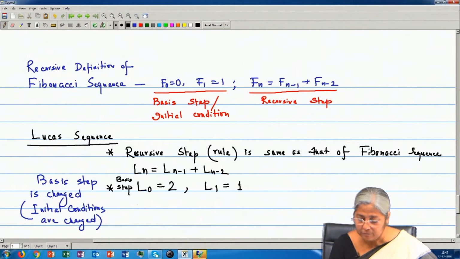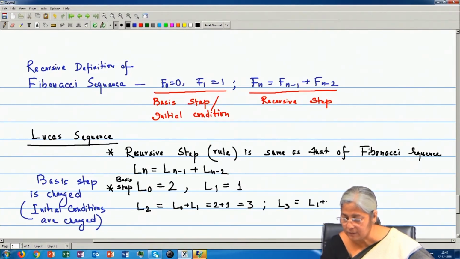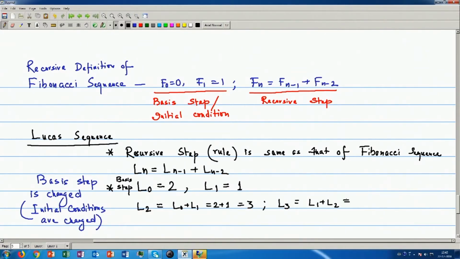I can find that L 2, which is L 0 plus L 1, is 2 plus 1 equal to 3. L 3 is L 1 plus L 2, which is 1 plus 3, so this is 4.